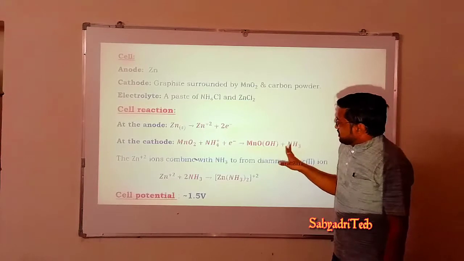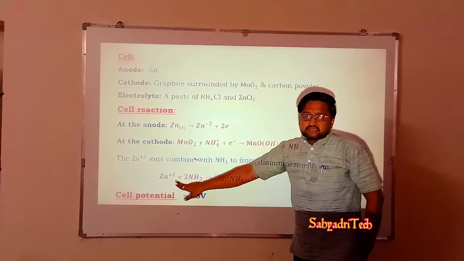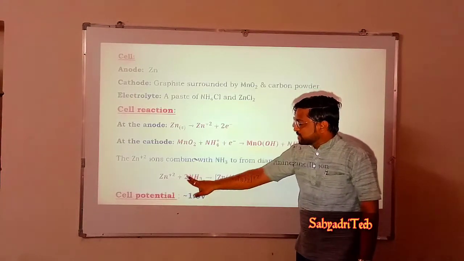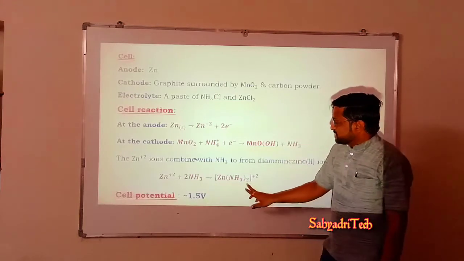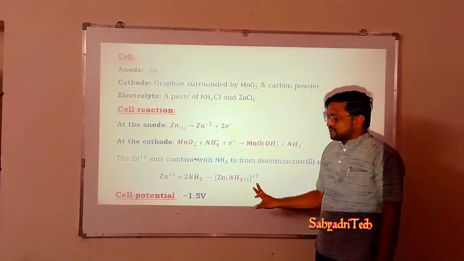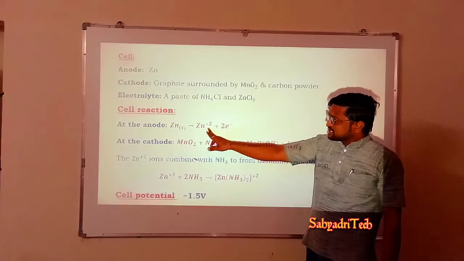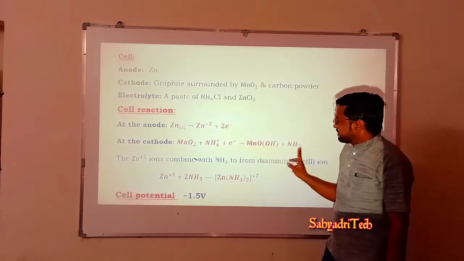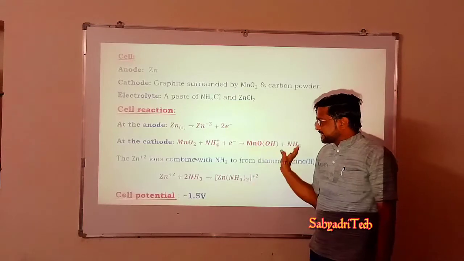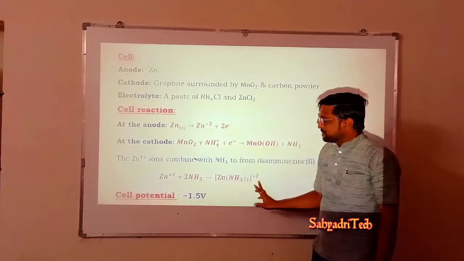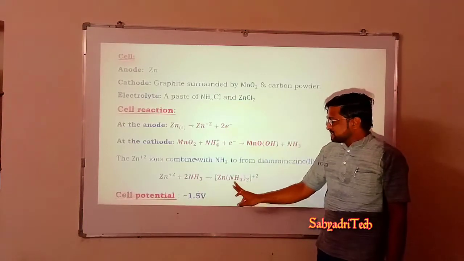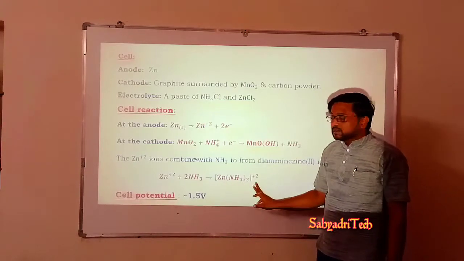So the Zn2+ ions combine with the ammonia formed and give a diamine zinc complex. So whatever zinc ions are formed at the anode and ammonia liberated at the cathode, they combine to form a complex. What is it? Diamine zinc(II) complex.